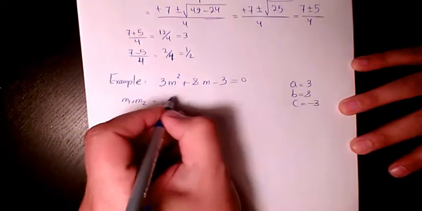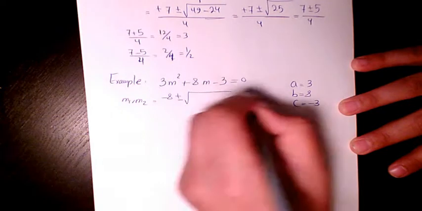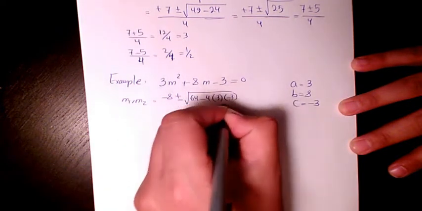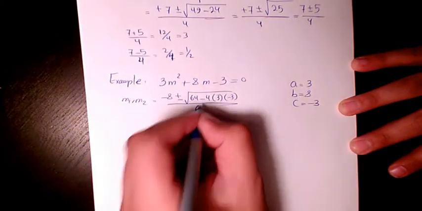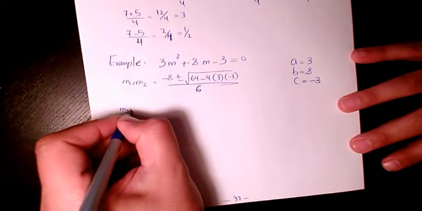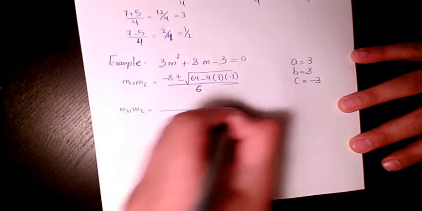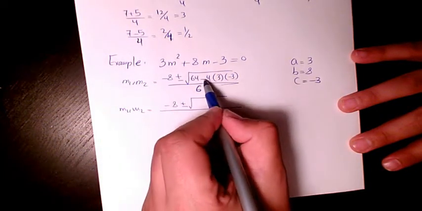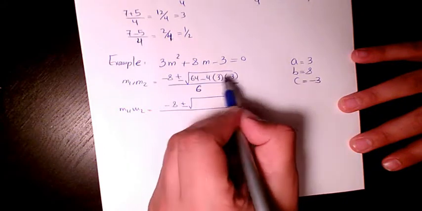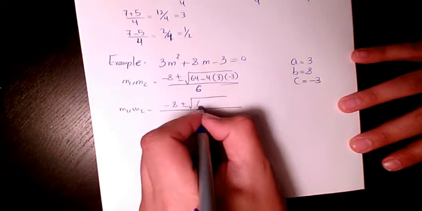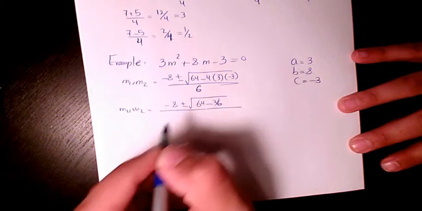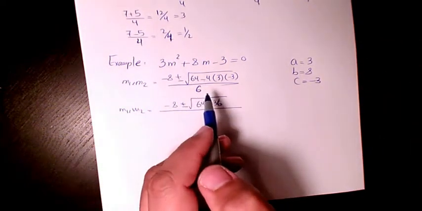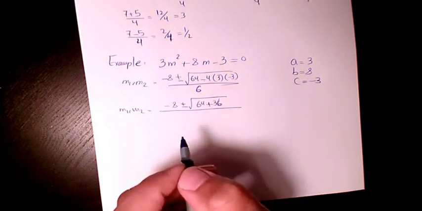So negative b, negative 8, plus minus square root of b squared, 64, minus 4ac, divided by 2a, which is 6. Negative 3 times negative 4, 12, times 3, 36. That's going to be plus.